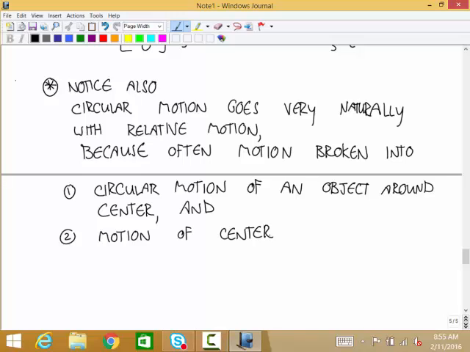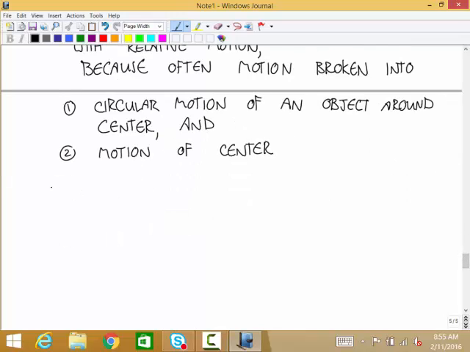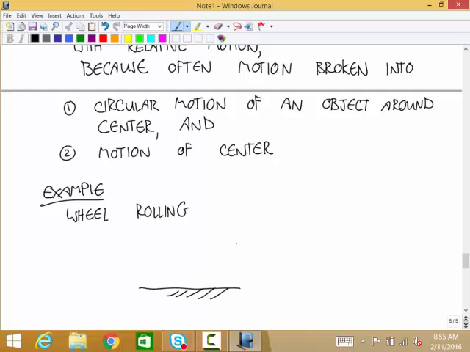Okay, so here's an example of the kind of thing that comes up all the time. Let's say we have a wheel that's rolling to the left. The radius of the wheel is 0.3 meters.